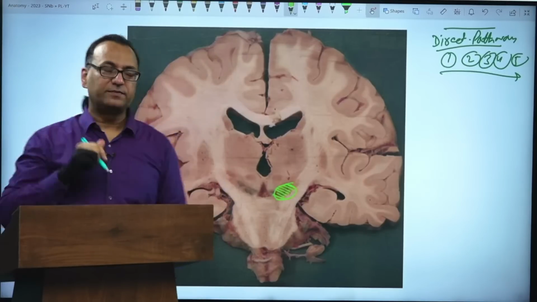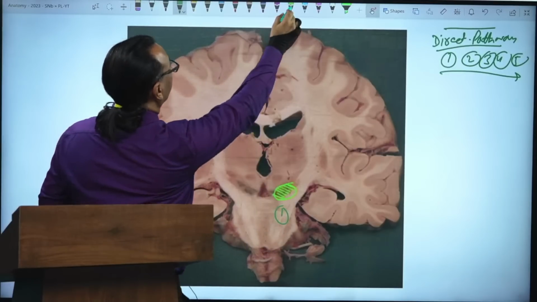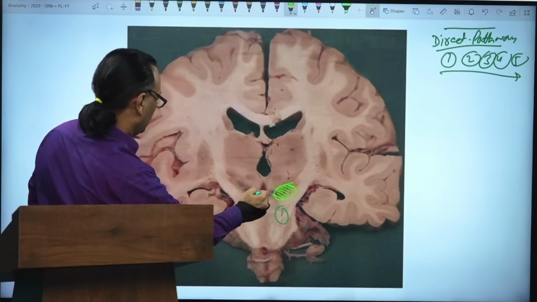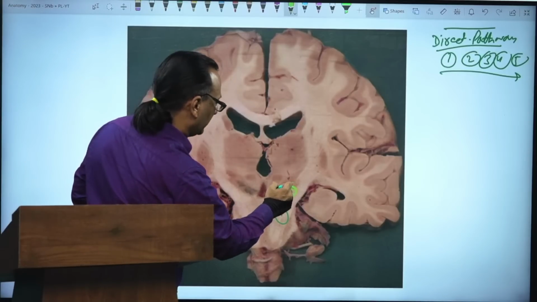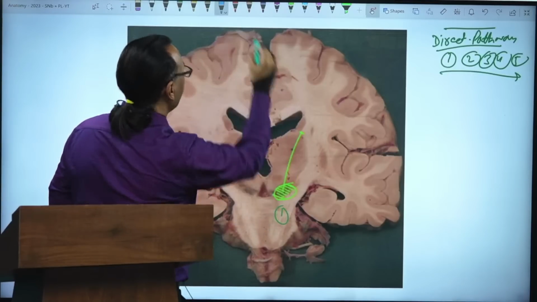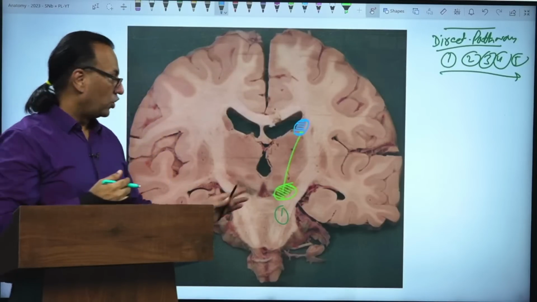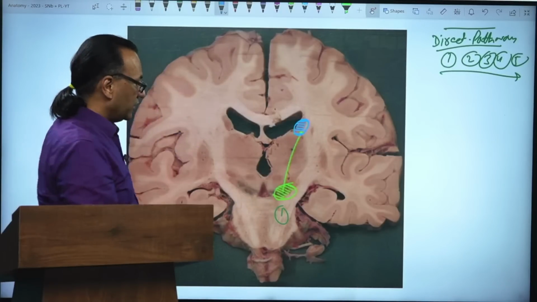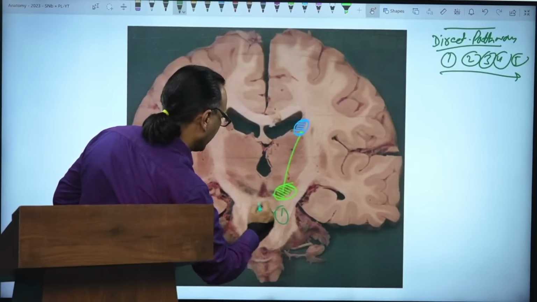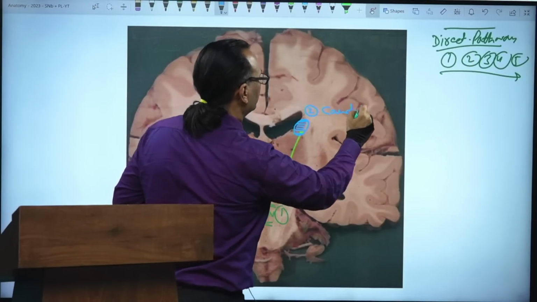Substantia nigra is number 1, and it will send information towards the caudate nucleus, of course using dopamine. Dopaminergic receptors are there on the caudate. So number 1 is the substantia nigra, and number 2 is the caudate nucleus.